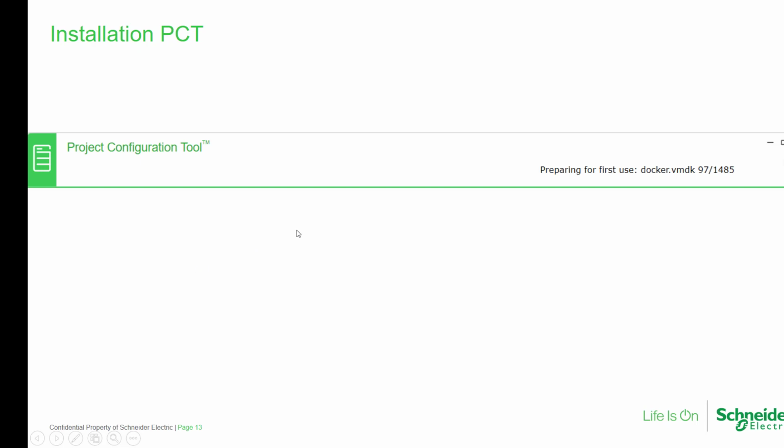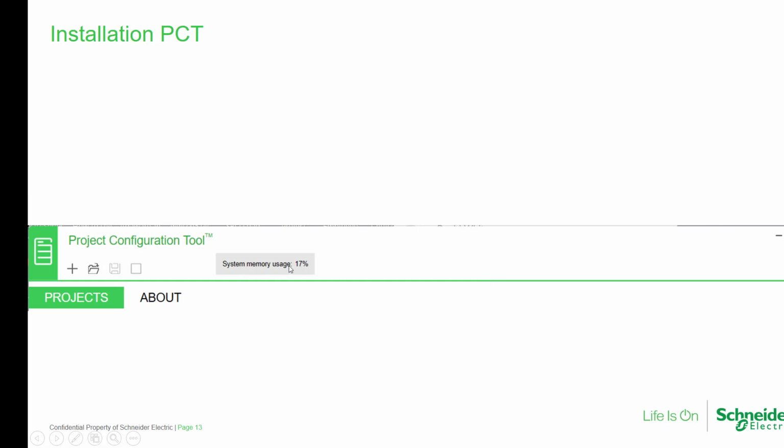Now, when the PCT first starts, it goes through the process of initializing Virtualbox, and you can see it go through its paces up here in the sort of middle of the page towards the right-hand side. The docker.vmdk number will start to scroll up until those two numbers match, at which point it will be done initializing Virtualbox, and it will start to calculate the amount of memory that is available within your system.